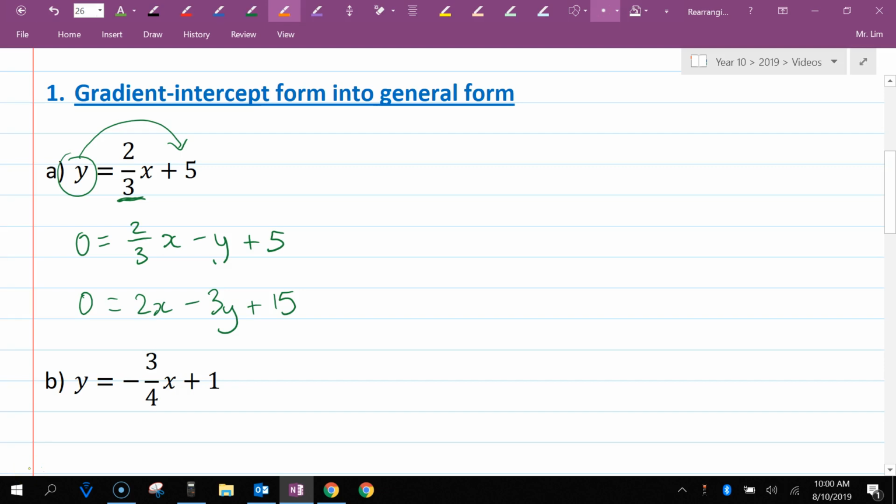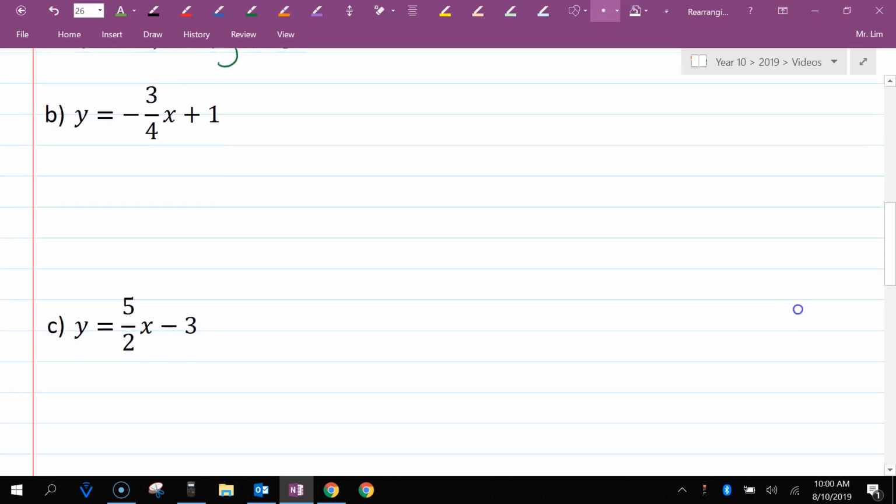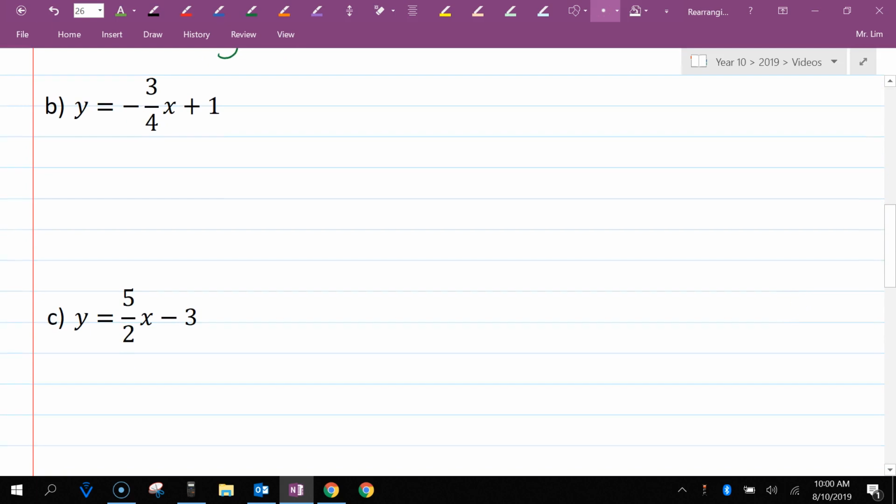Let's have a look at question B. Here we have y is equal to minus 3/4 x plus 1. So we're looking at the coefficient of x. Is that positive? No, it's not. So what we're going to do is move all of this to that side, so that x will become positive.